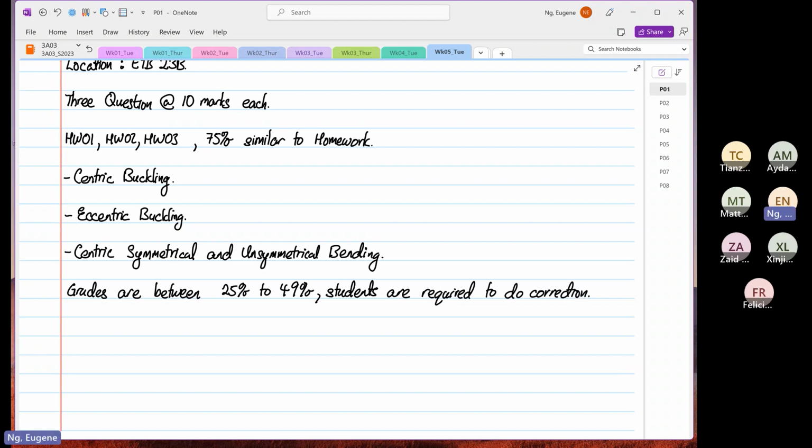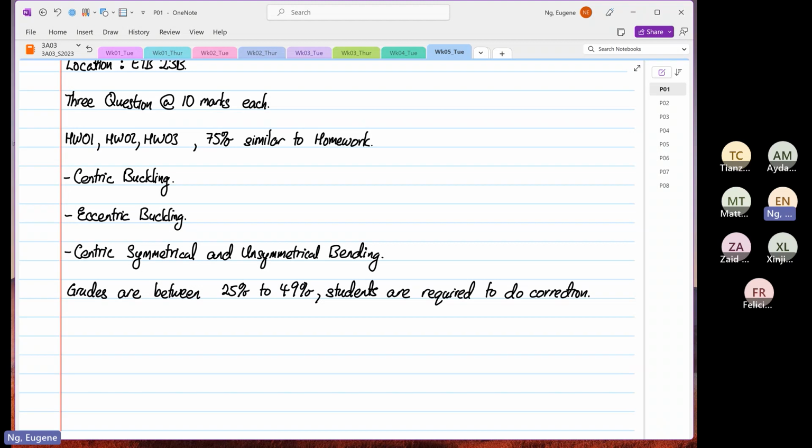I'll talk to you more about this correction. If you get between 25 to 49, I will ask you to come back to do correction, and I'll tell you in more detail how this is going to be done.